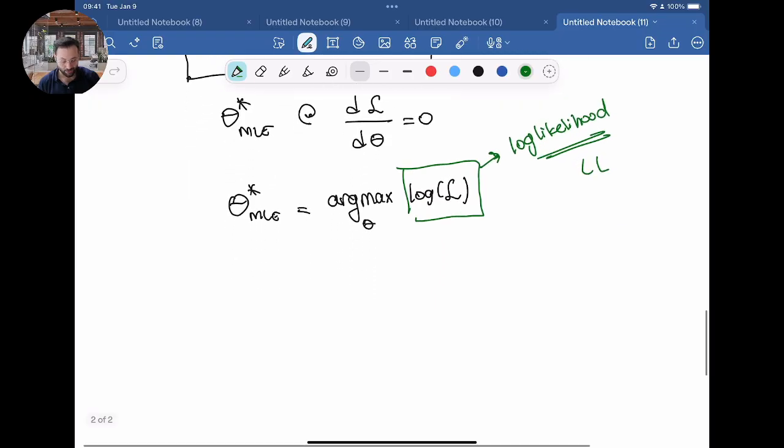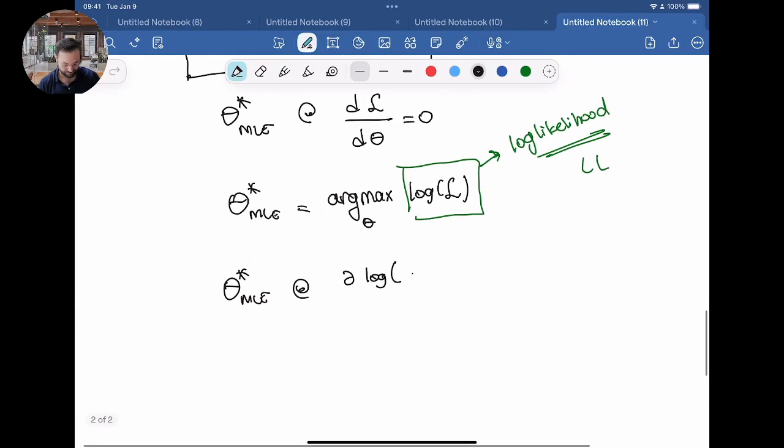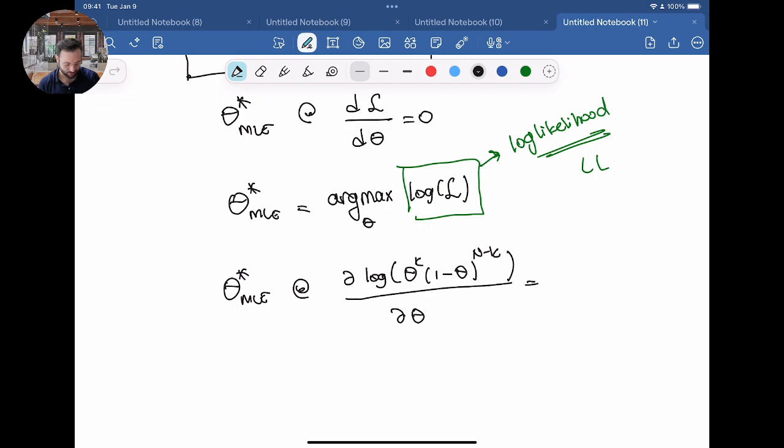So I can write my theta star MLE is at d of log of my function, which is theta to the k, 1 minus theta to the n minus k, close parentheses, d theta equal to 0.